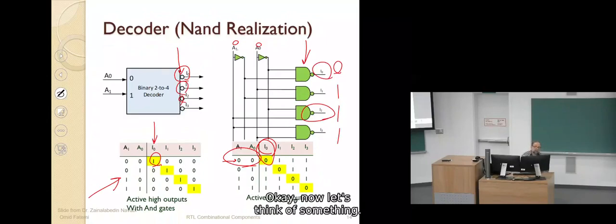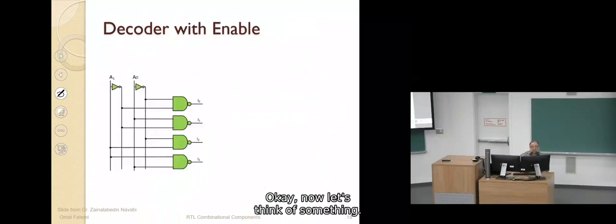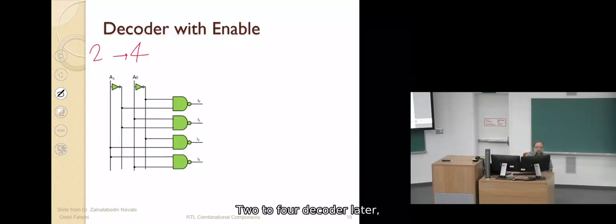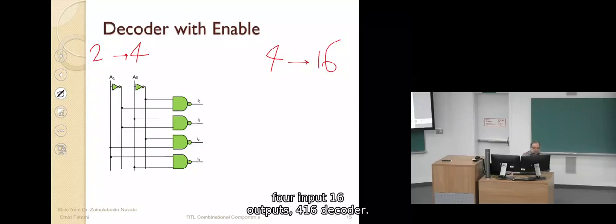Okay? Now let's think of something. We are going to design something that I could cascade. For example, what do I mean by cascade? I have a 2 to 4 decoder. Later, as you had something in your lab, I would like to build a 4 to 16 decoder: 4 inputs, 16 outputs.